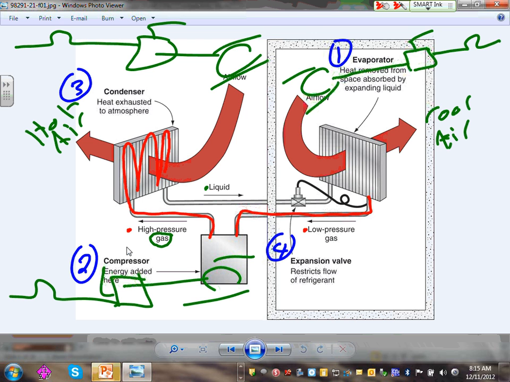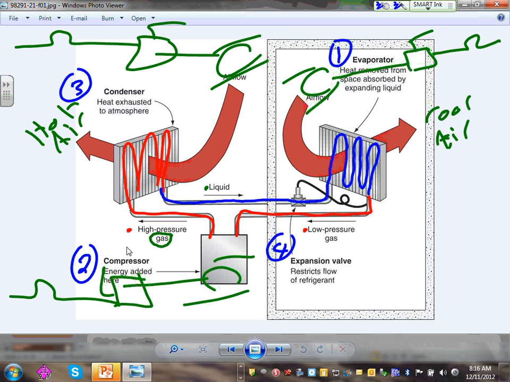In this area, I hope I'm drawing it right, it changes back into liquid and goes back here. This is where the liquid collects, gets into the evaporator, collects the heat, and then you have cold air. The compressor pulls it, puts it through the condenser, gets the hot air out of it, and you keep going over and over again.